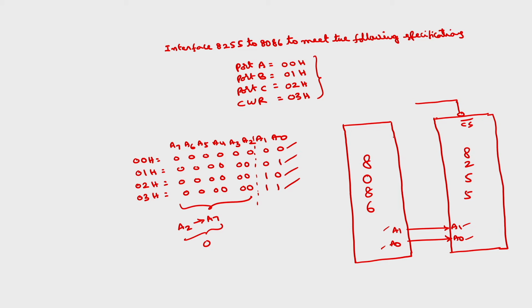You take A2 to A7, A2, A3, A4, A5, A6, A7, and connect them to a gate. You choose a gate such that whenever all the inputs A2 to A7 are 0, the output is 0, and if any one of the inputs is 1, the output is 1. So what is that gate? OR gate, right?